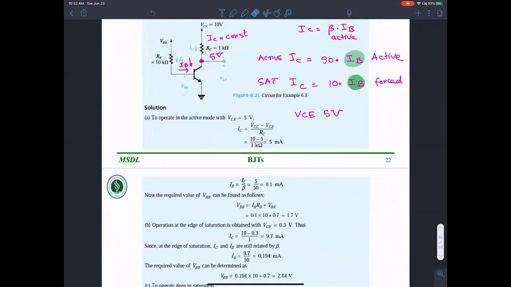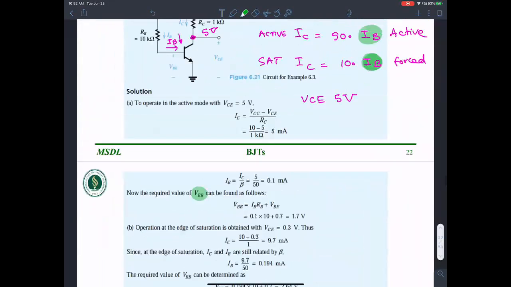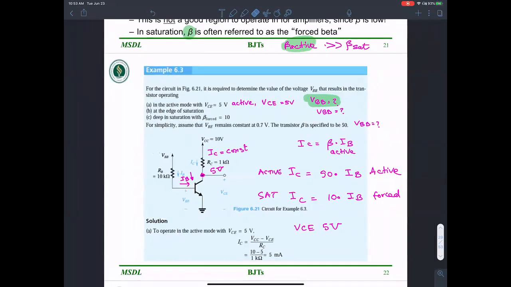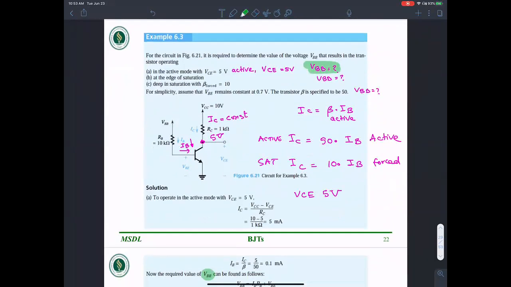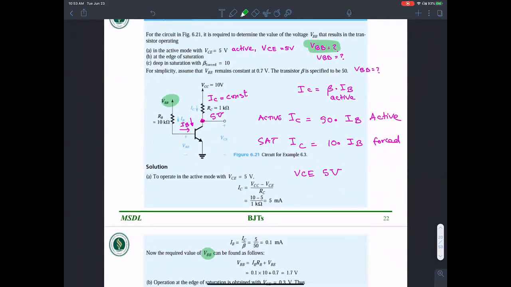Once we have that, we can find the value of VBB. That's what we are asked to find: what's the value of VBB? That's the problem that we are after. In order to find VBB, we know the value for VBE, which we approximate to be 0.7 volts.